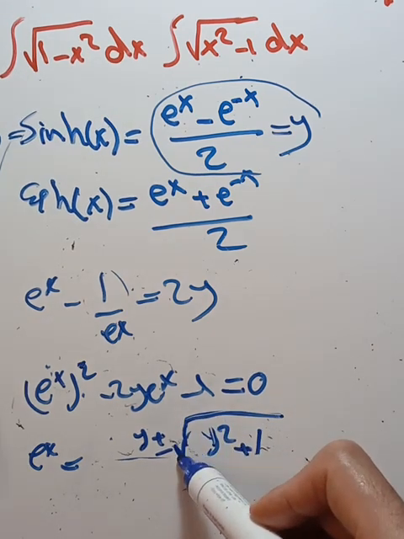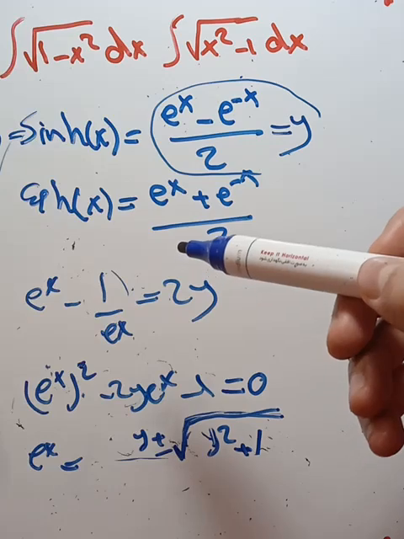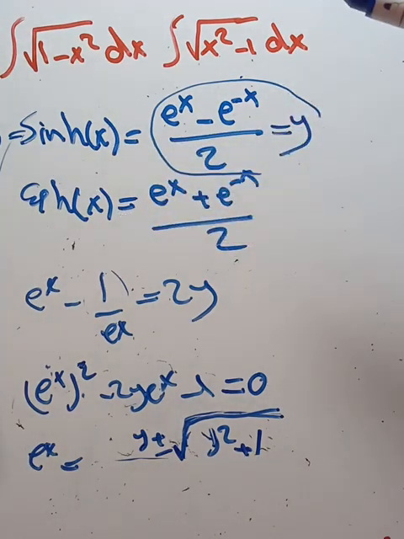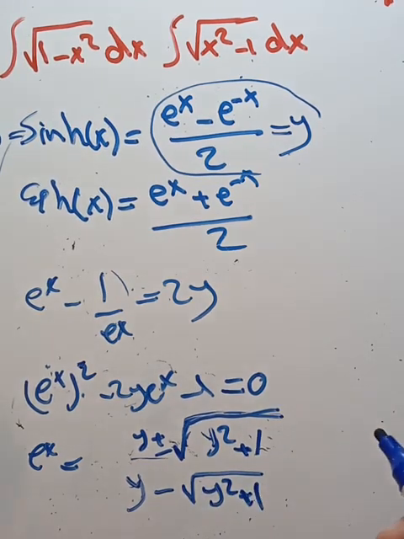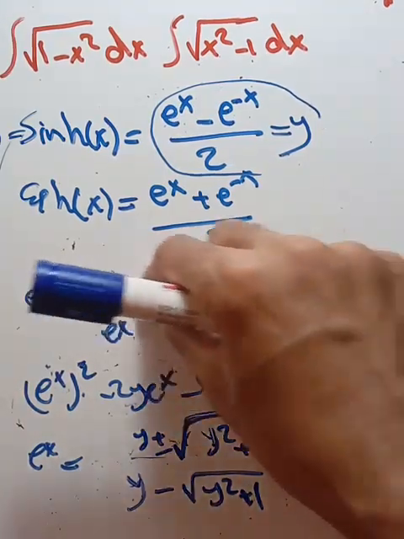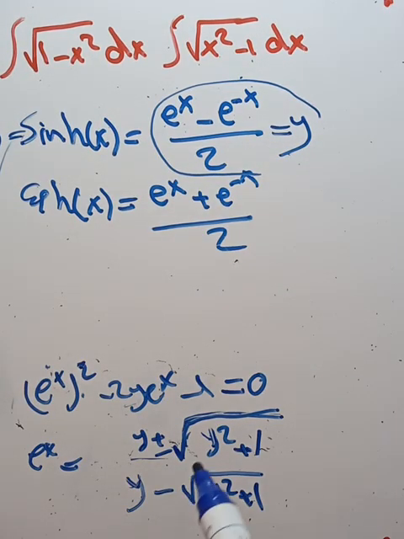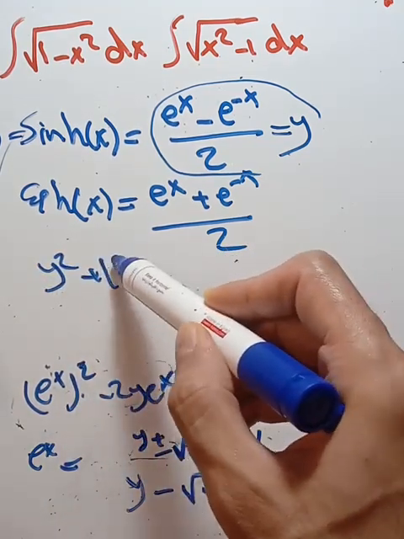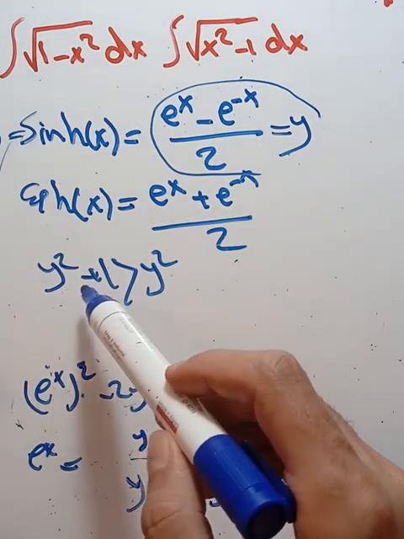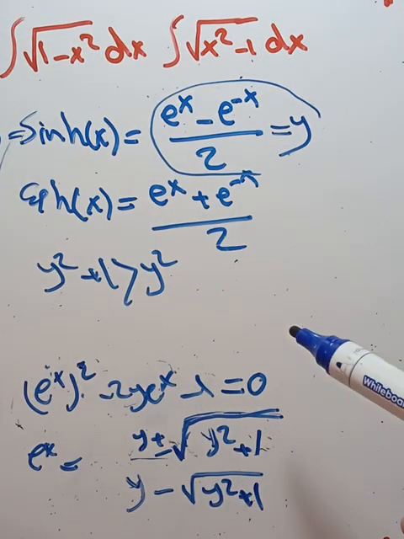Now, e to the x for any value of x is always positive, but for y minus the square root of this, you know, here, let me write it here: y squared plus 1 is always bigger than y squared, because it is 1 bigger than this one.